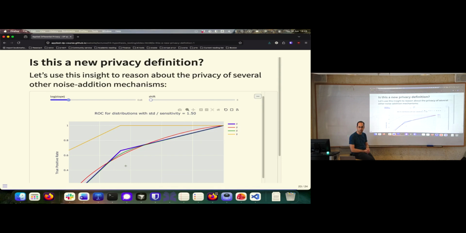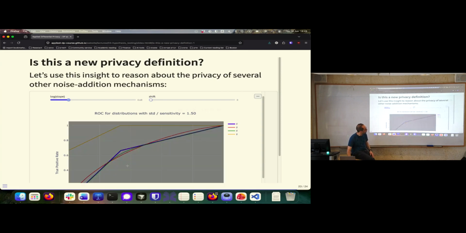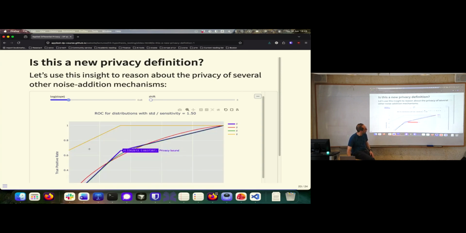Thing is, first of all, Laplace is definitely DP, and green is DP. Visually, the green one basically has this perfect slope.